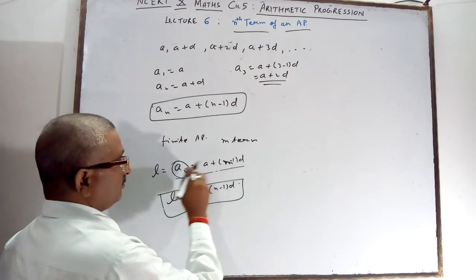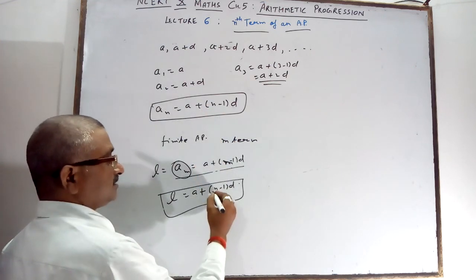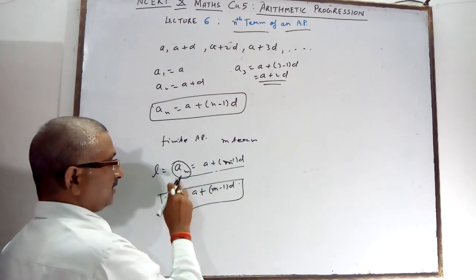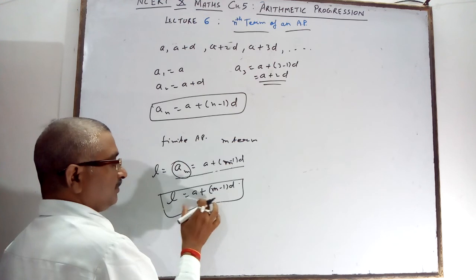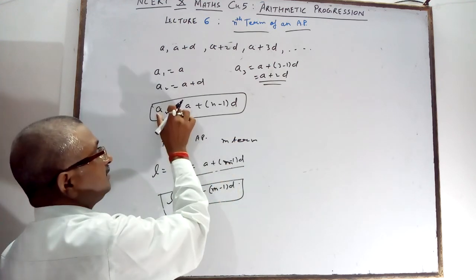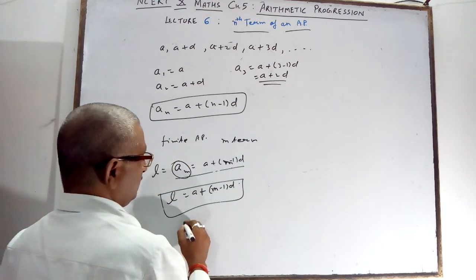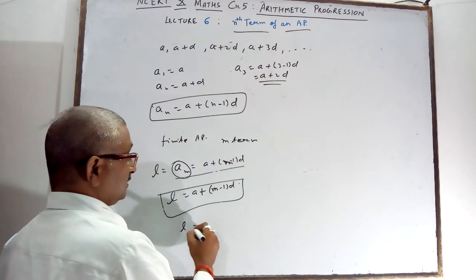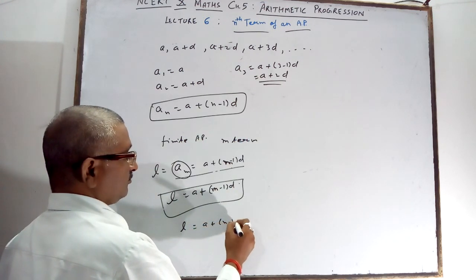You can write either m or n; both are the same here. If n is the last term, then l is a plus (n minus 1) into d.